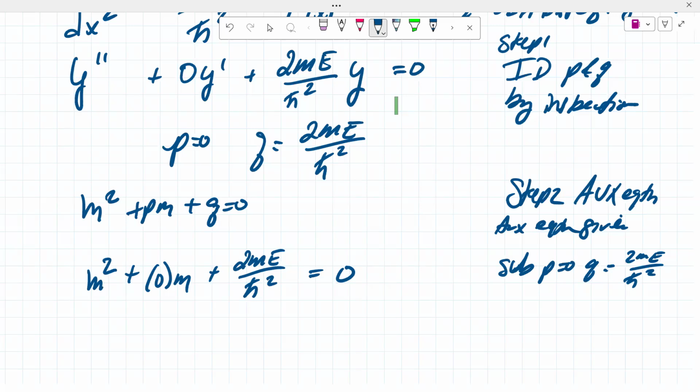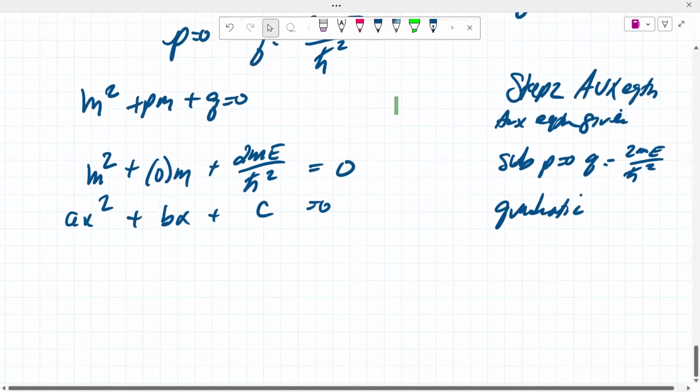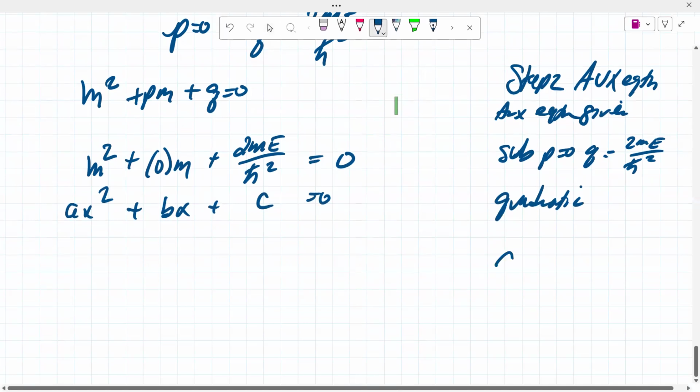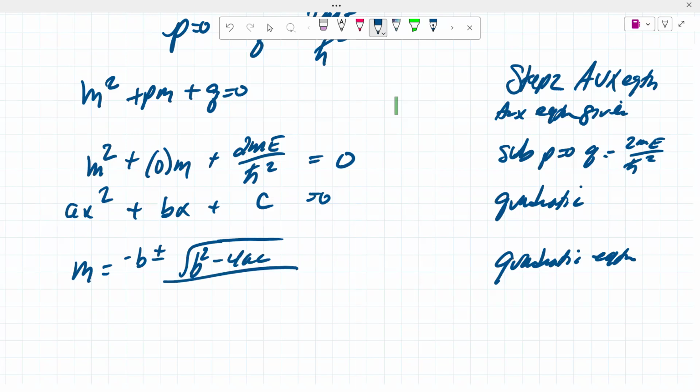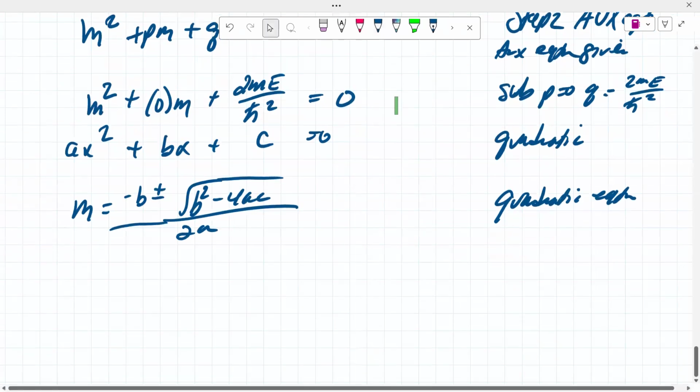Now we have ax squared plus bx plus c equals 0. That's the quadratic. And how do you solve this thing? The quadratic equation: m equals negative b plus or minus root b squared minus 4ac all over 2a. Then we're going to sub in.